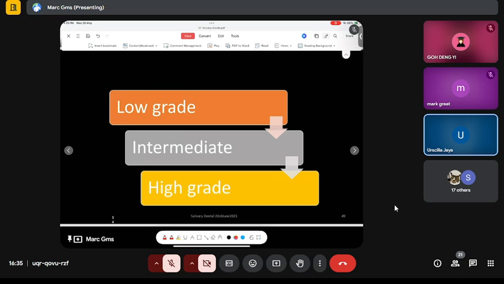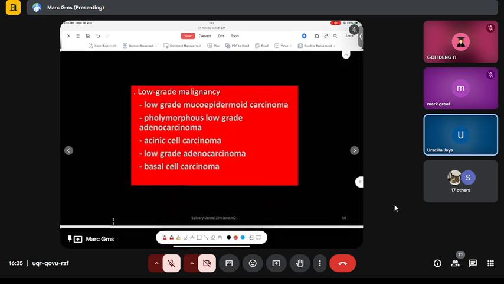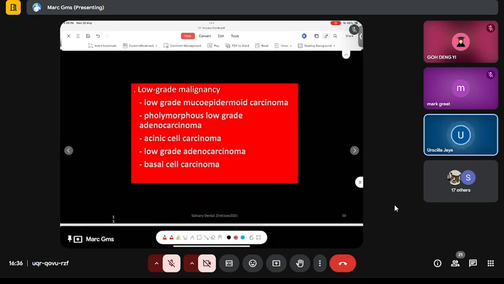Okay, so a salivary gland tumor can be classified as low grade, intermediate, and high grade. So the low grade ones: mucoepidermoid carcinoma itself can be either low grade, high grade, or intermediate grade. Then you have your low grade adenocarcinoma, your acinic cell carcinoma, your basal cell carcinoma, and your polymorphous low grade adenocarcinoma.